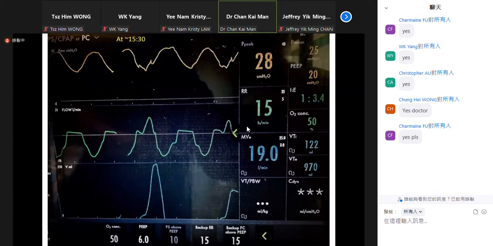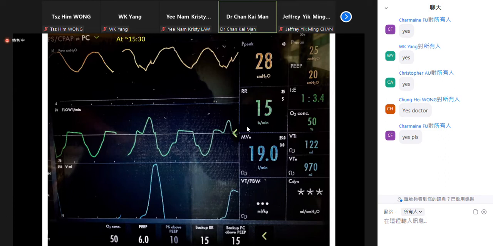It was then found that the patient was actually a bit difficult in terms of breathing. And this is the waveform recorded on the ventilator at 3:30.